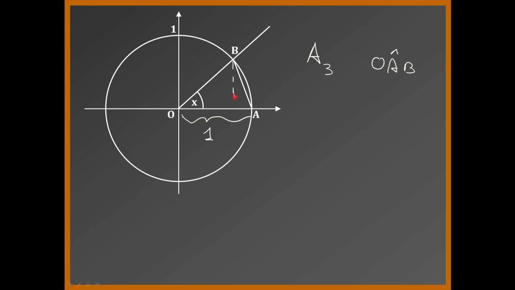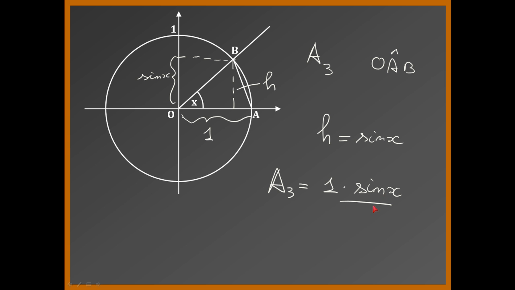Moreover, if we call h the height of this triangle, we get that, again by definition, the height is nothing else than the sine of x. Then, the area A3 is equal to the base, 1, times the height, sine x, over 2.